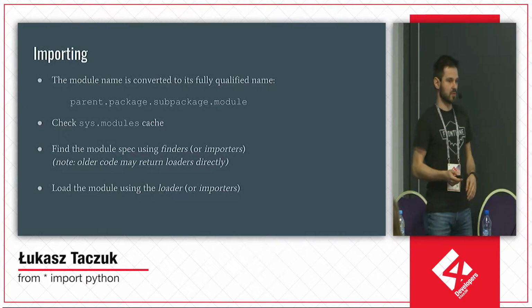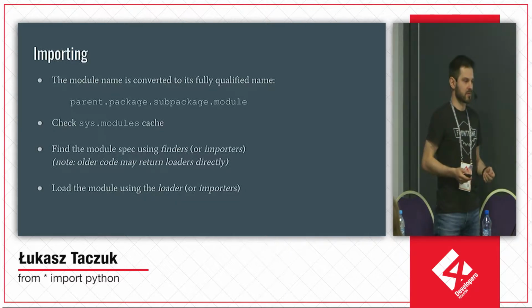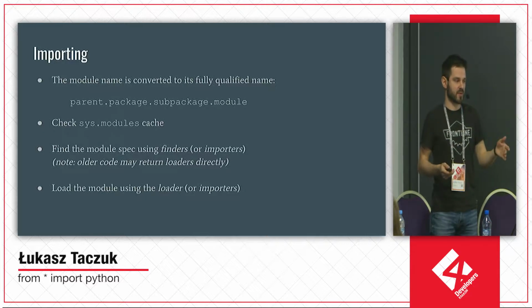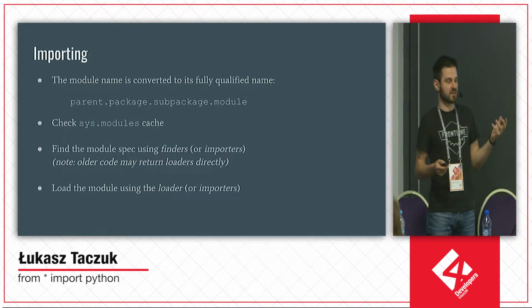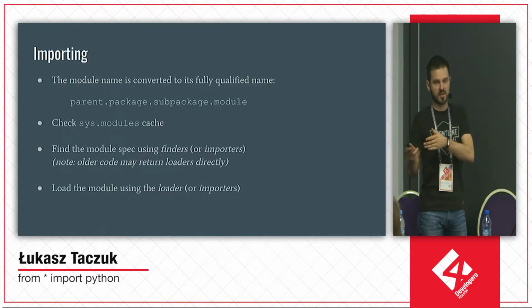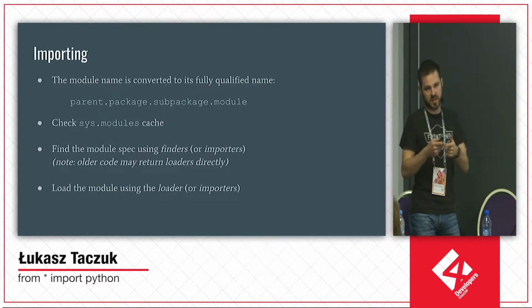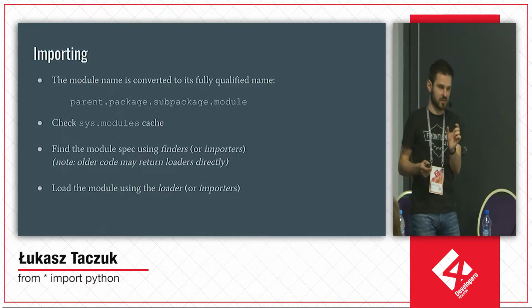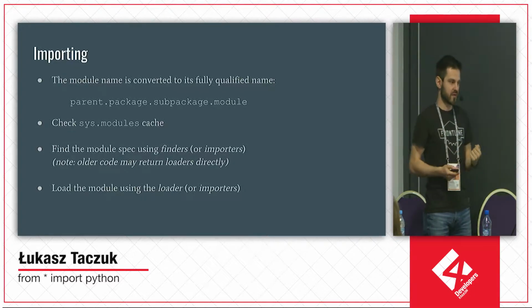So when we want to import something, what's happening first when we import parent package subpackage module is that the canonical name is derived from that name. When we do just import something, that's the name that we wanted. And if we do from A import B, it's converted to import A.B, and A.B is the name that will be passed to the finder.